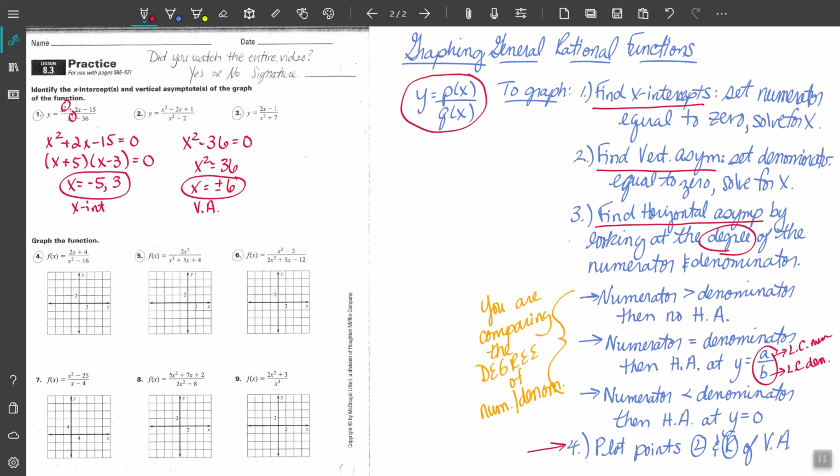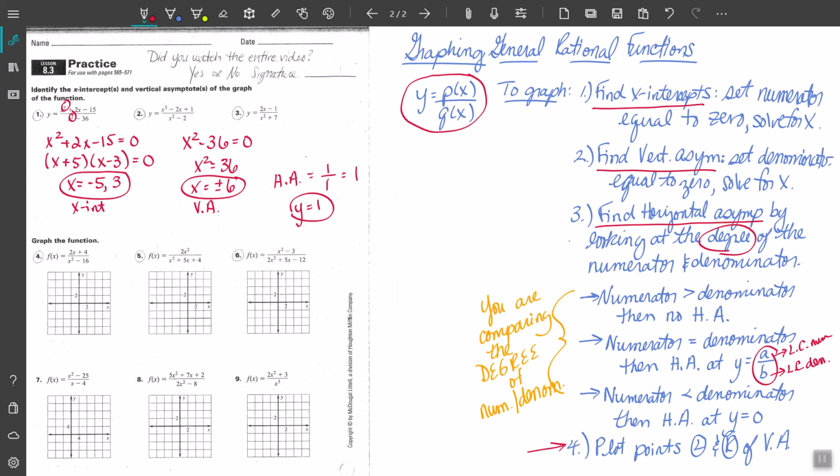For number 1, the lead coefficients are both 1, so our horizontal asymptote is 1 over 1, which reduces to 1. It's a horizontal asymptote, so if we're going horizontally, we're at a y. This would be the line y equals 1.